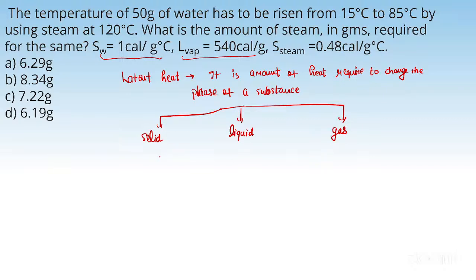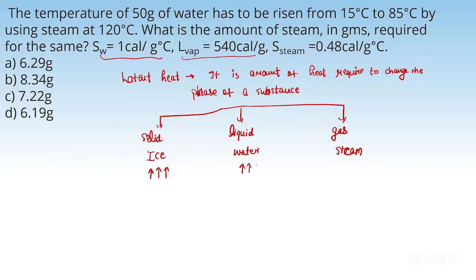Now if I take the example of water, in the solid state it will be ice, in the liquid state it will be water itself, and then in the gas state it will be steam. ठीक है. Now when we raise the temperature of ice, it starts melting and it will become water.